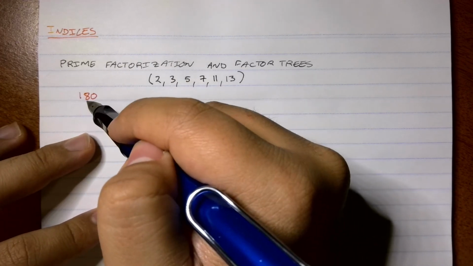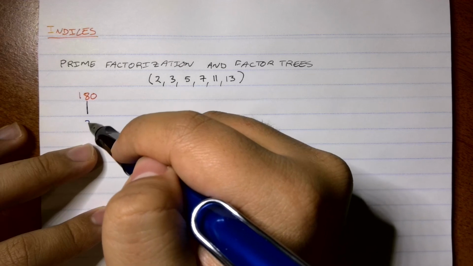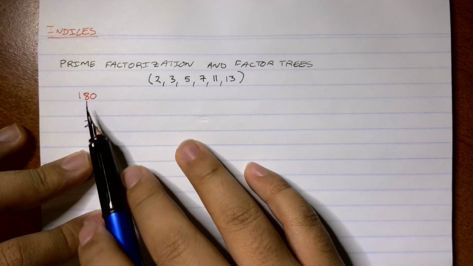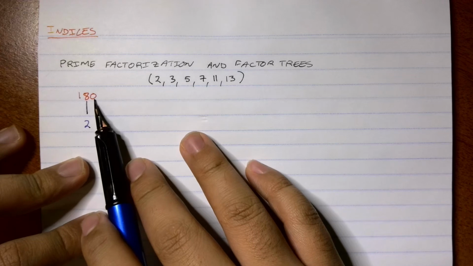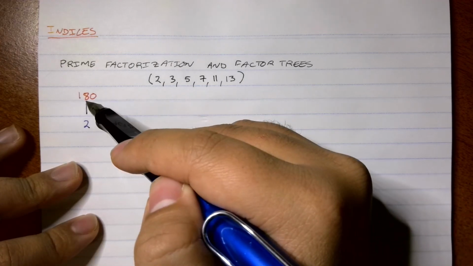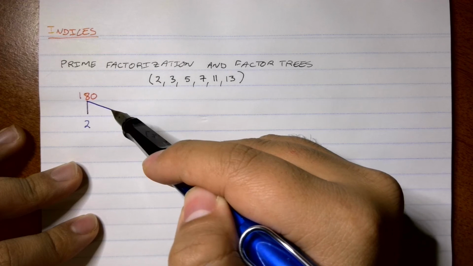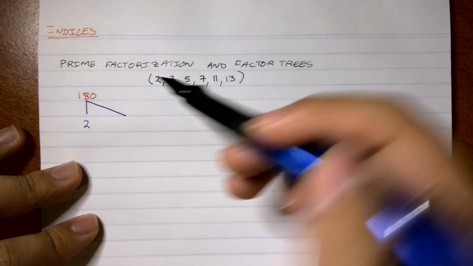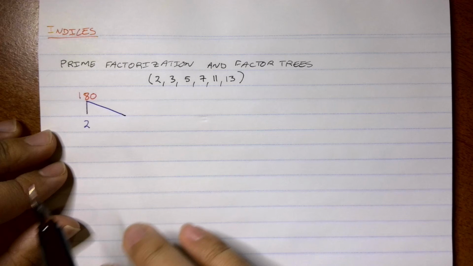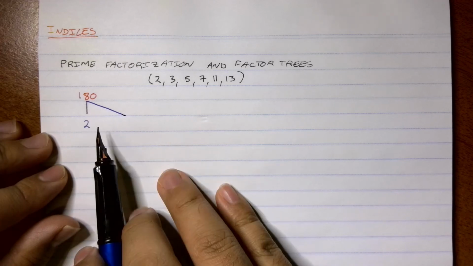180 can be divided by 2. We know that because the last digit is 0. So we can divide this by 2, and we branch it off like this. 2 times what gets me to 180?